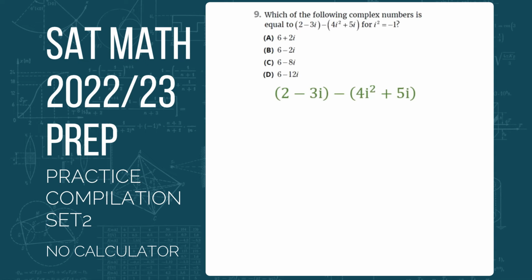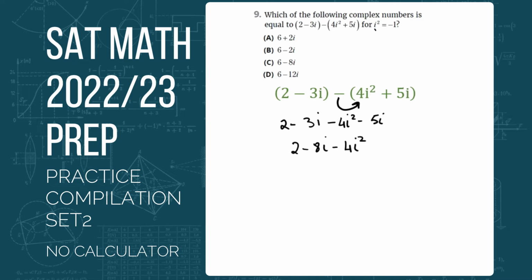Which of the following complex numbers is equal to 2 minus 3i minus 4i squared plus 5i, for i squared equal to negative 1? We start by multiplying by the minus sign: 2 minus 3i minus 4i squared minus 5i, and we have 2 minus 8i minus 4i squared.